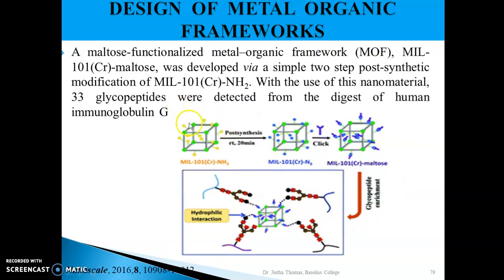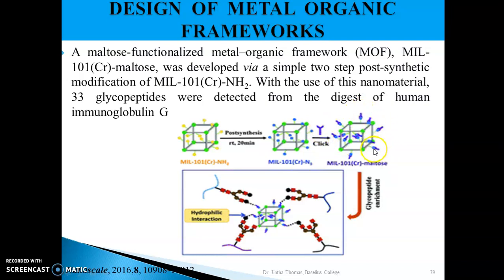For example, let us see this particular metal organic framework. It is MIL101 based on chromium metal, and it contains NH2 groups on the surface. So this MOF is already synthesized. It has NH2, and post-synthetically we can convert this NH2 group into N3, and later by click reaction we can add maltose groups onto the surface.